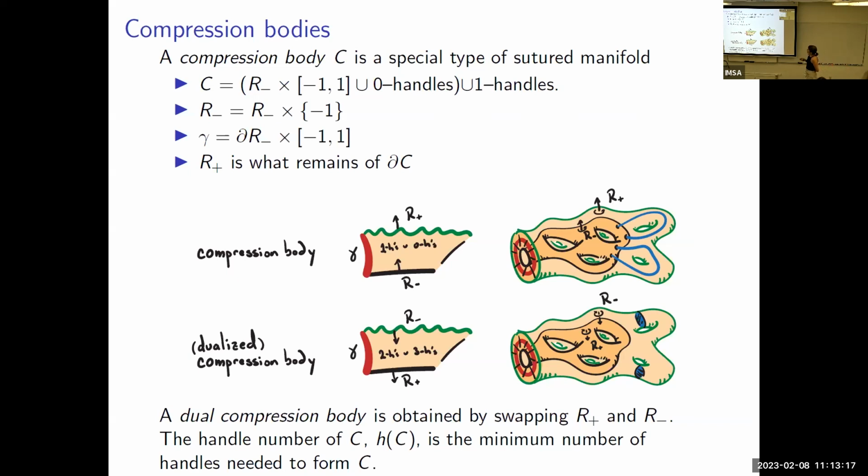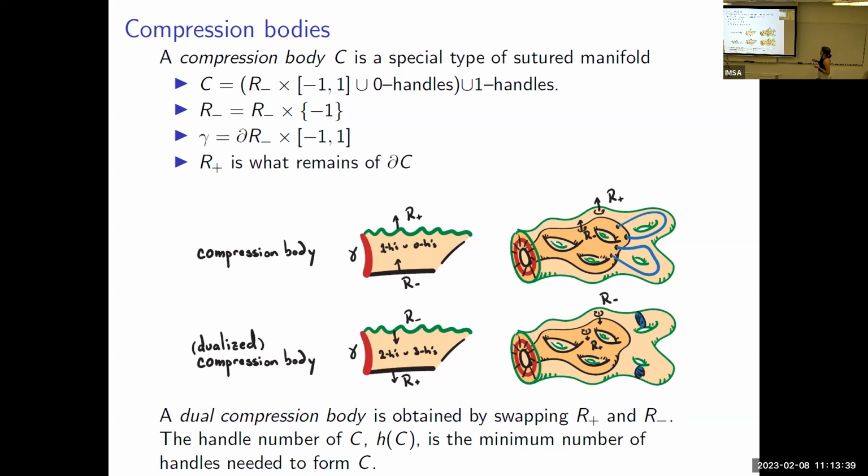We construct the compression body C by taking the compact surface across the interval, and perhaps a union of 0-handles, and then we add a bunch of 1-handles. That will be our compression body.